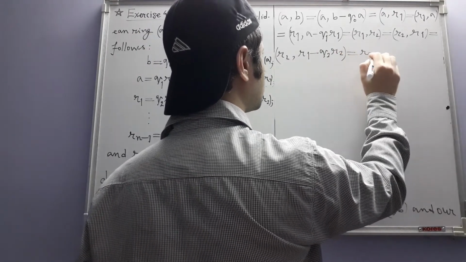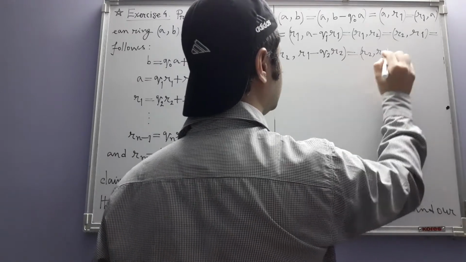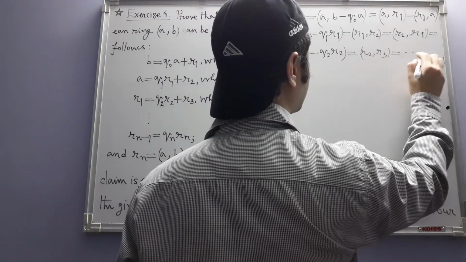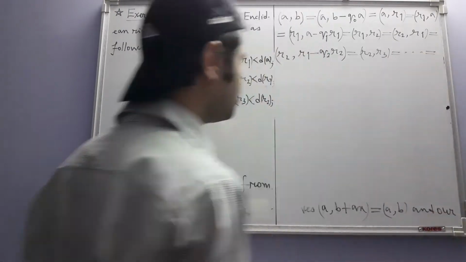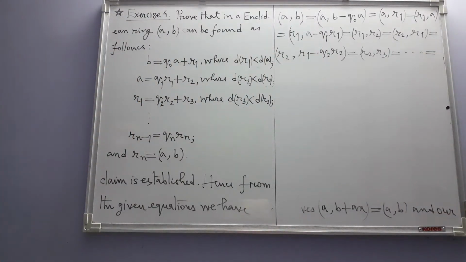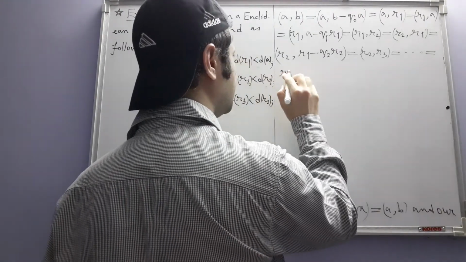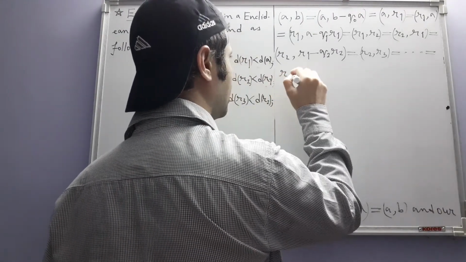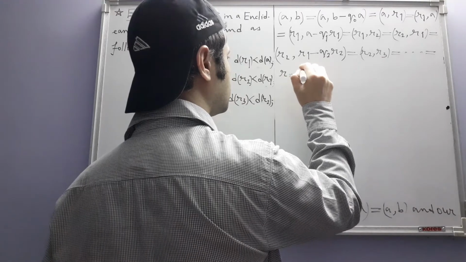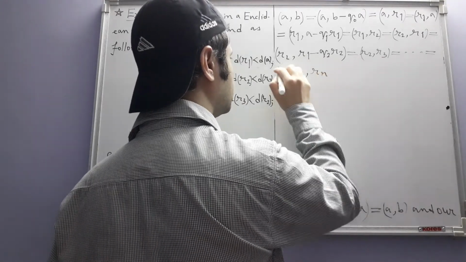So this is R2 comma R3, and we continue like this. Ultimately, what shall we get? If we continue like this, we will get to a point where we have Rn minus 1 comma Rn.